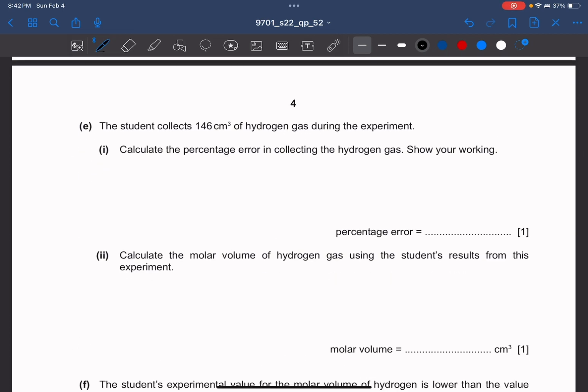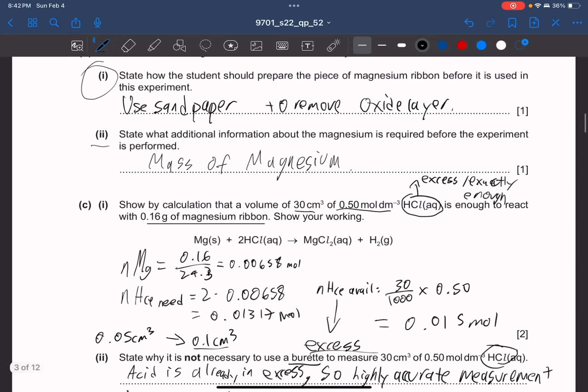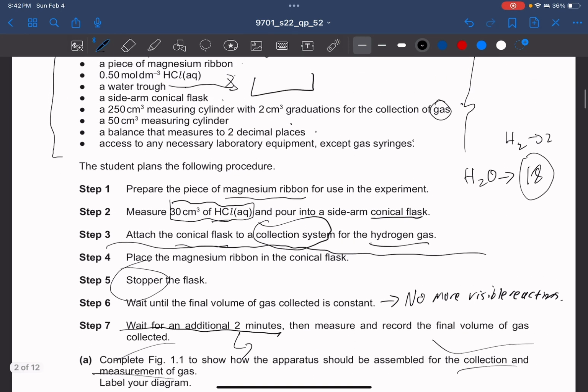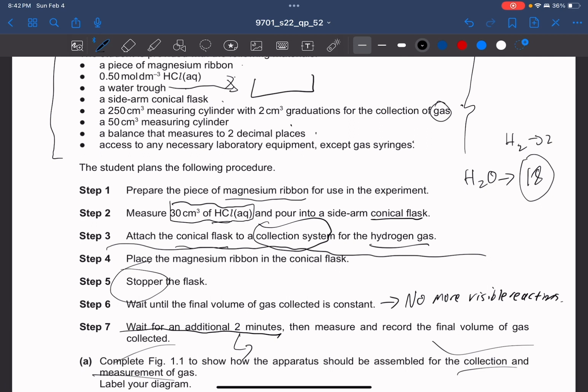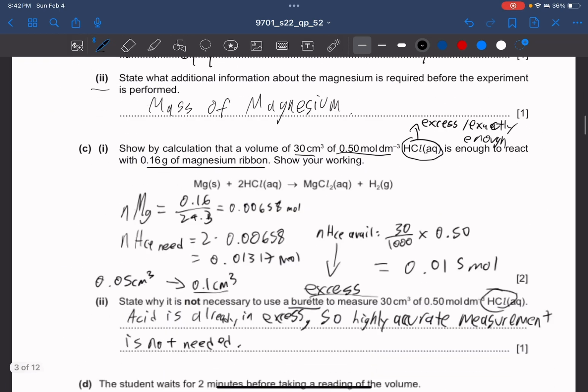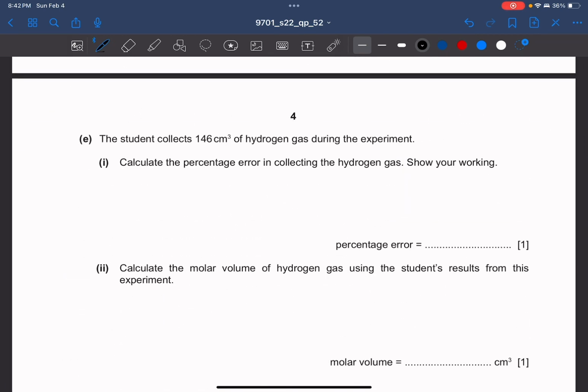All right, so the next question is: the student collects 146 cm³ of hydrogen gas during the experiment. Calculate the percentage error. Here we're basically trying to find the percentage error. So that's going to be a physics-like question, and we're going to have to figure that out using the precision of the instrument that we used in the first place.